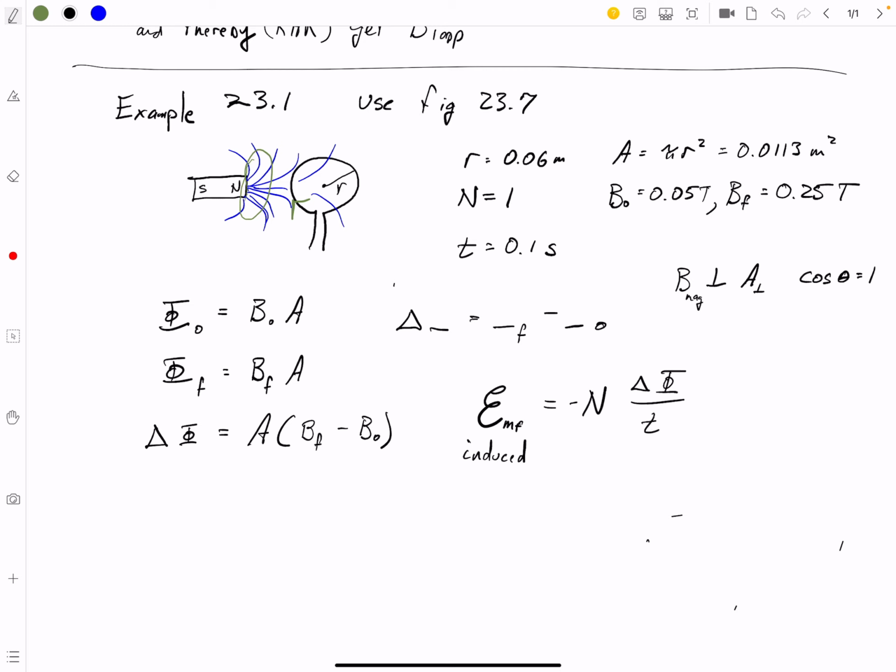So we can insert all of those. Let's just do induced instead of EMF there. So we've got our minus 1 times 0.0113 times our 0.20.